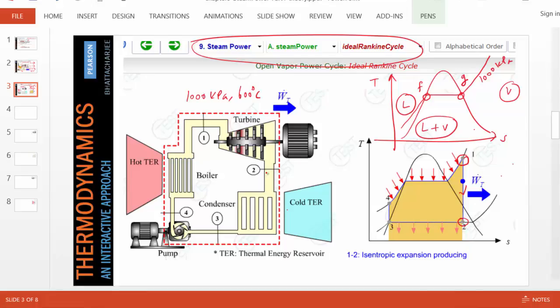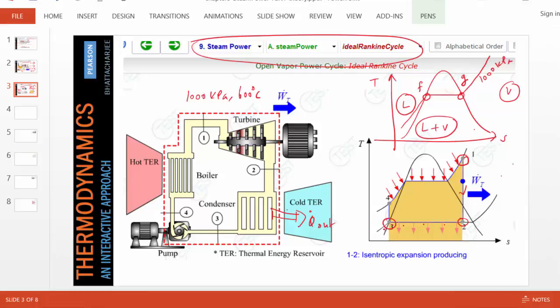So what happens from 2 to 3? The steam that comes out of the turbine is now cooled in the condenser, and we lose heat, Q dot out, into the circulating water, and as heat is lost, the steam starts condensing, and at the exit it becomes saturated liquid.